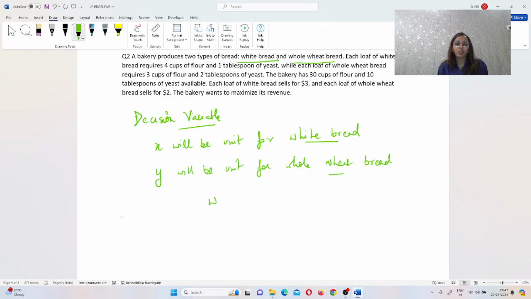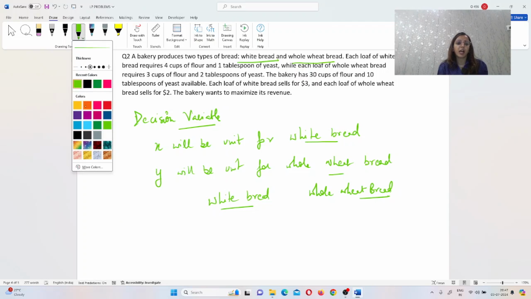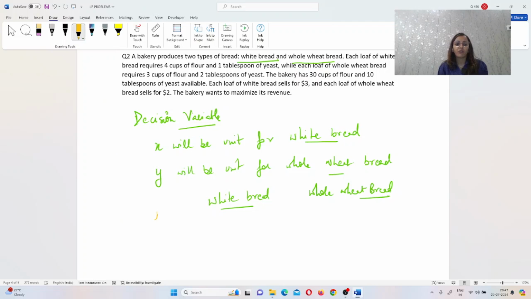Okay. So first one is your white bread. Write it over here as white bread, right? And the next one is your whole wheat bread. You can write it in a simple word also, just wheat bread. Now, what are the requirements for making these products? What type of things do you require? First, you require flour when you are making this bread, and the next one you require is yeast, right?